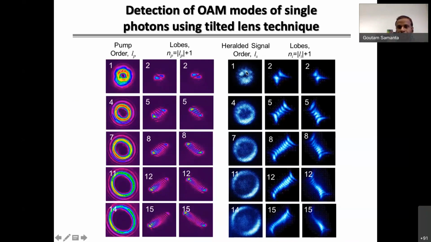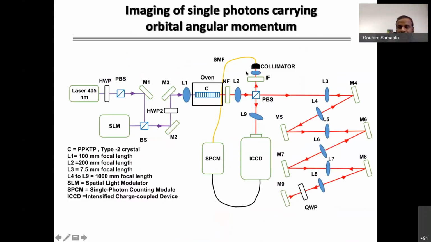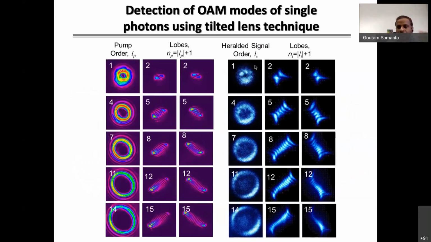Heralding is basically that one photon is detected, and then we are trying to see its partner photon, because both photons are generated simultaneously, and they carry these features, let's say energy conservation, momentum conservation, and orbital angular momentum conservation. Since we are collecting one of the photons in a single mode fiber, that means we are restricting it to a Gaussian mode or order 0. Then the idler, or the partner photon, has to carry the orbital angular momentum mode. So that is what we have seen.